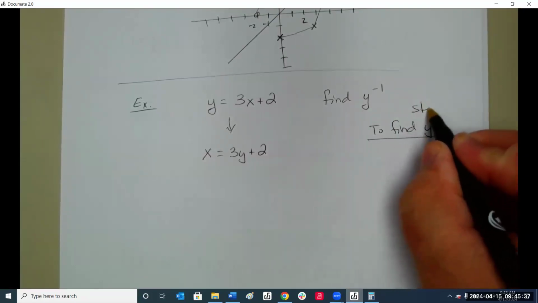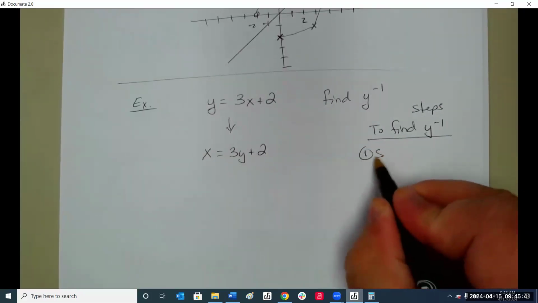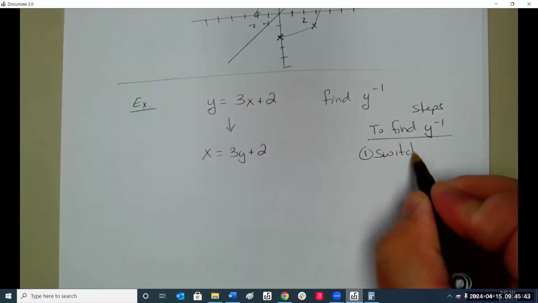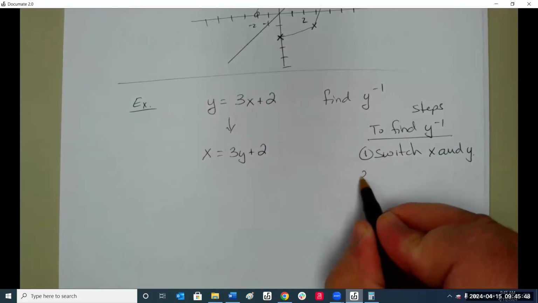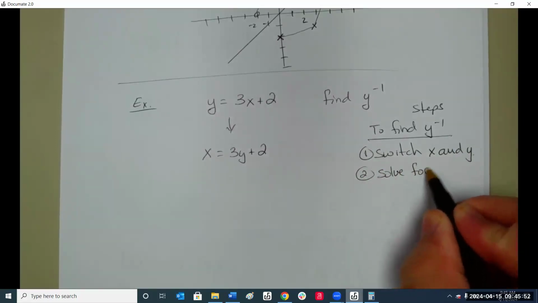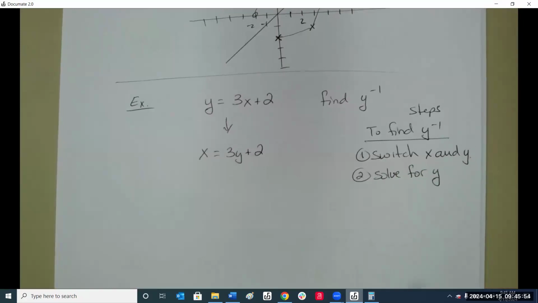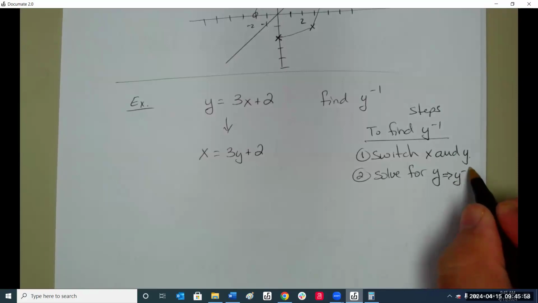Here are the steps. The steps to find the inverse. First off, switch x and y. Then solve for y. That y will be your inverse.